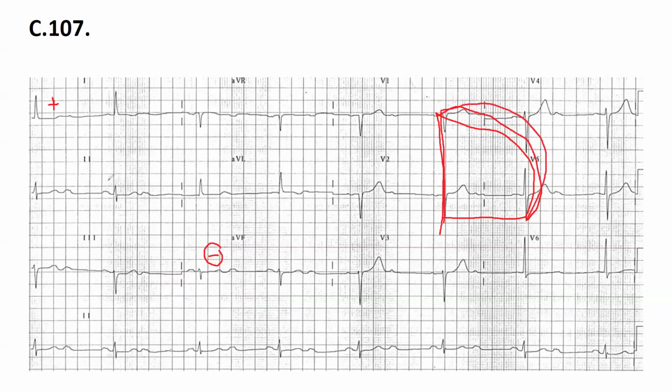You have to look at lead number 2, which is a little bit positive. So it means between minus 30 and 0. Okay? Next one, go on.